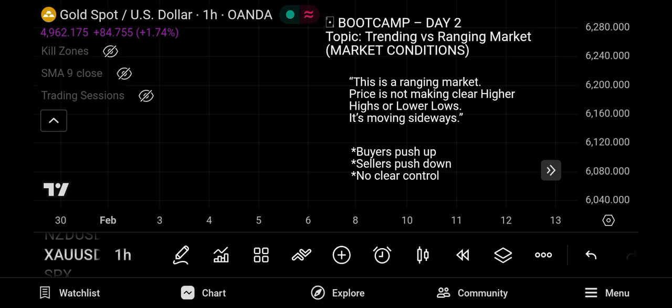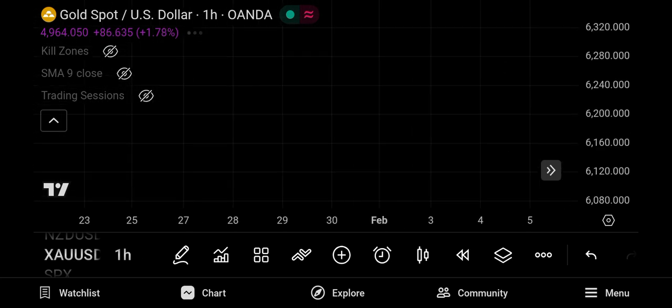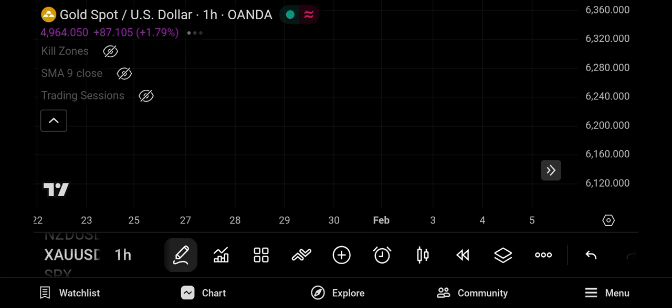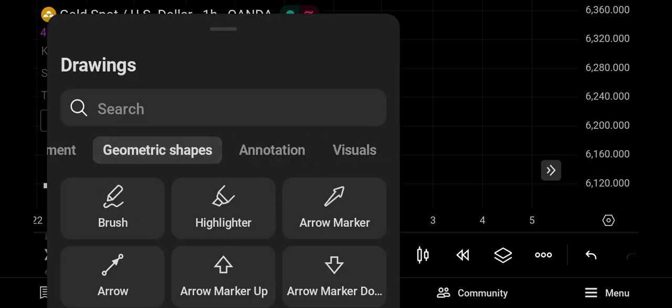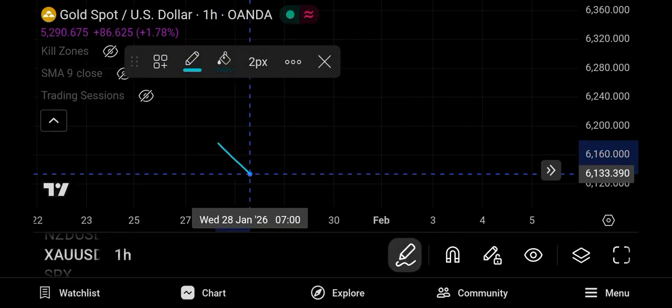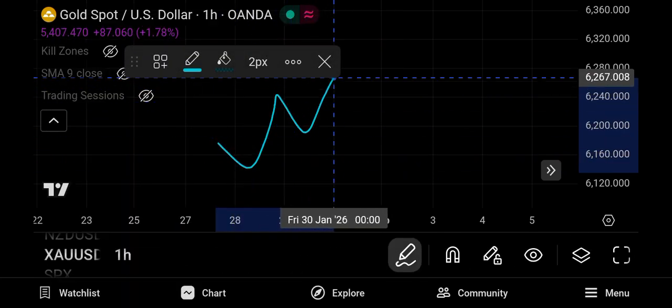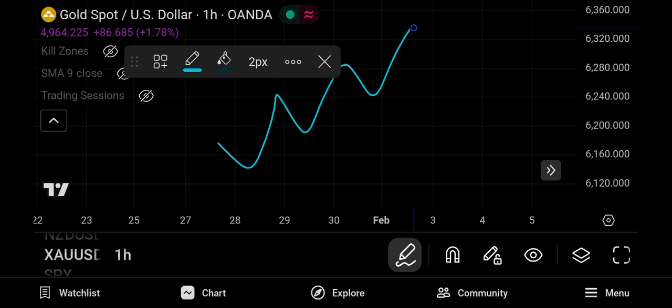So before we begin, we have three market conditions, let me illustrate them for you. We have an uptrend, as we've learned in the previous module, which was day one. We all know an uptrend is made up of higher highs and higher lows.